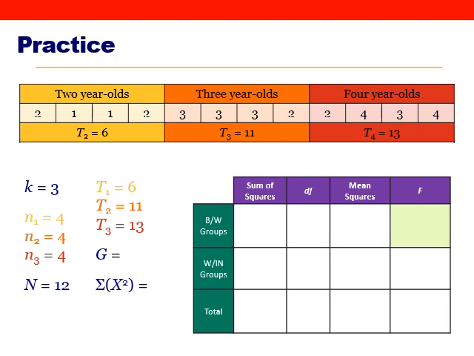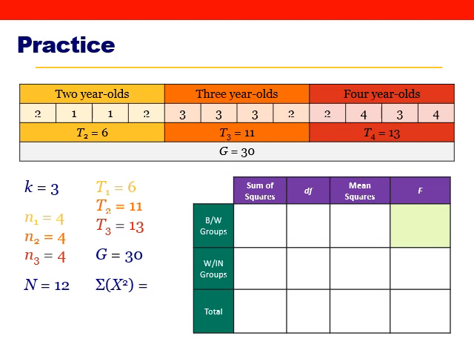For the 3-year-olds, the combined number of correct stickers was 11, and for the 4-year-olds, the combined number of correct stickers was 13. If we look at all 12 kids combined, they correctly placed 30 stickers between the 12 of them.